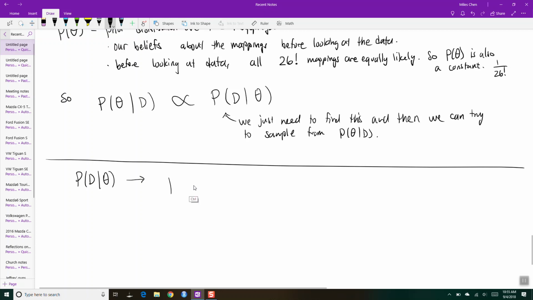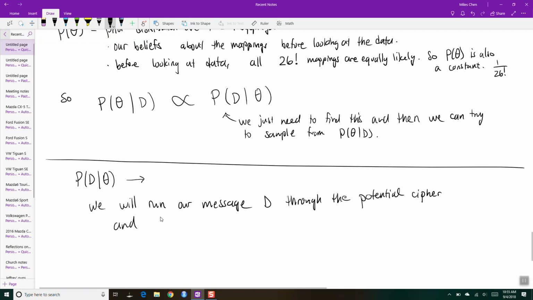The way it's going to work is we will run our message D through the potential cipher, okay, and get a quote decoded message.